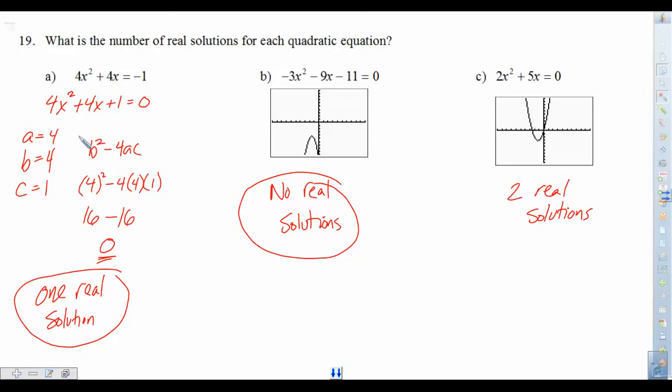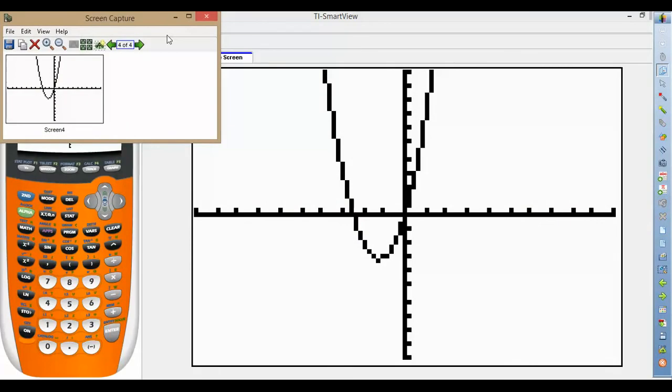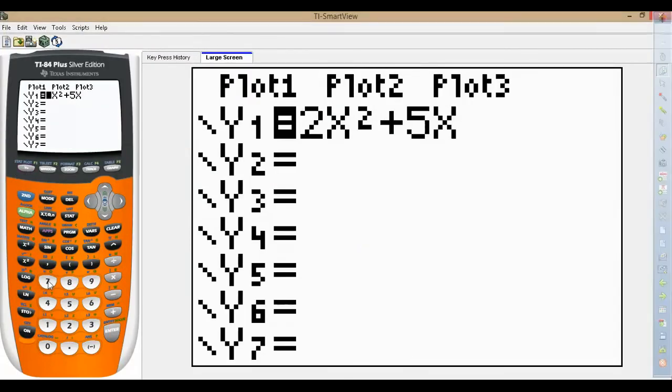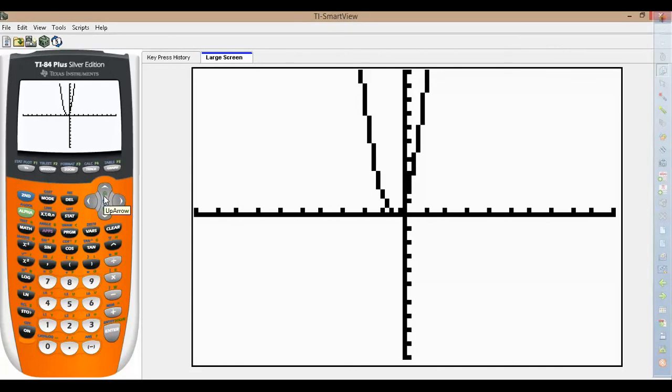You know, I noticed I did the discriminant over here with part a. The only reason I might have done that is if we go back and look at that one, 4x squared, make sure we set it equal to 0. If I type that into the graphing calculator, 4x squared plus 4x plus 1. Sometimes those parabolas are a little bit too close for comfort, you know what I'm saying?